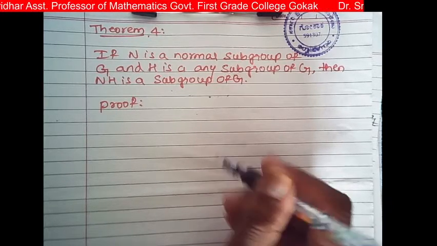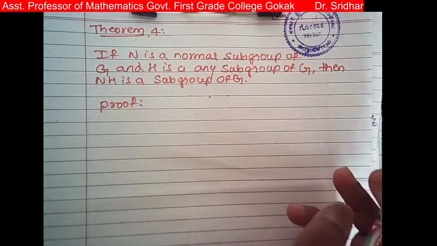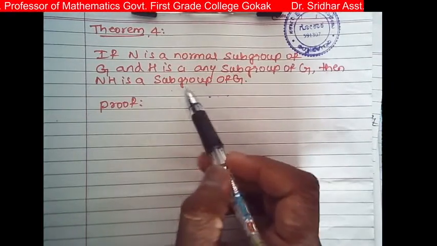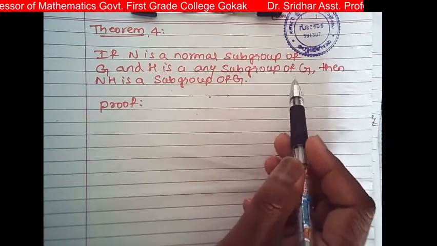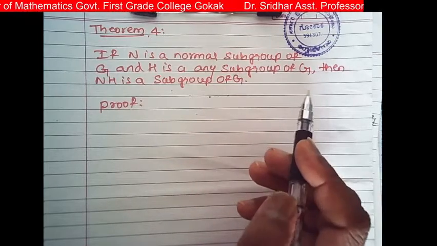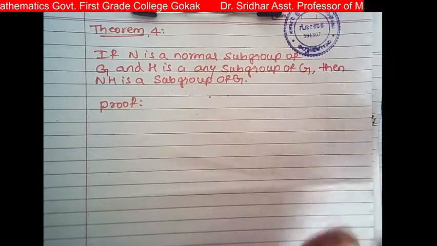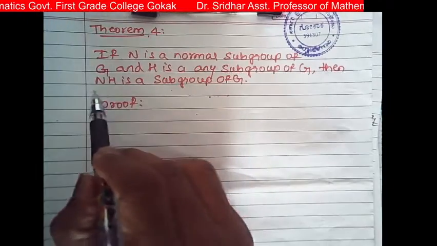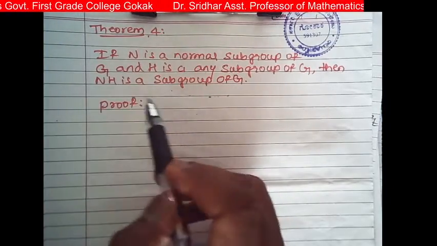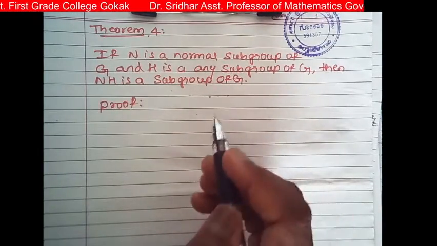Here what is given? N is a normal subgroup of G and H is any subgroup of G. Then NH is a subgroup of G. This we have to prove.